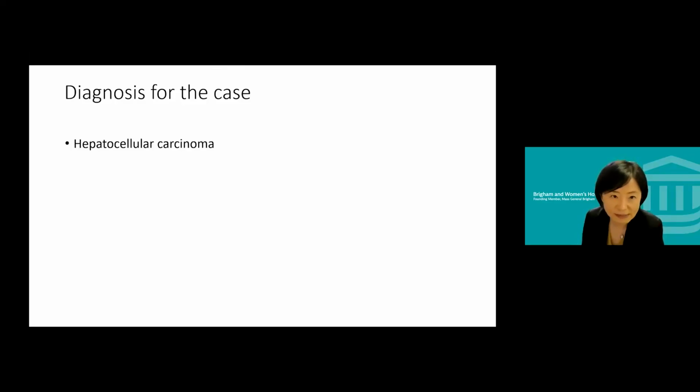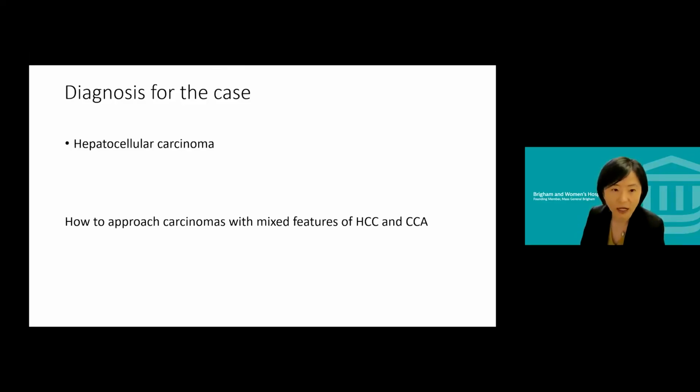The reason I picked this case is to talk about how we approach carcinoma with mixed features of HCC and cholangiocarcinoma. And the distinction is clinically very relevant and important because the treatments for HCC and cholangiocarcinoma are very different.